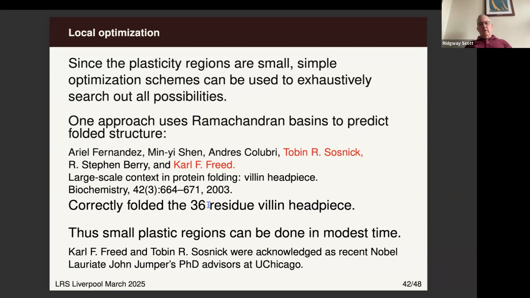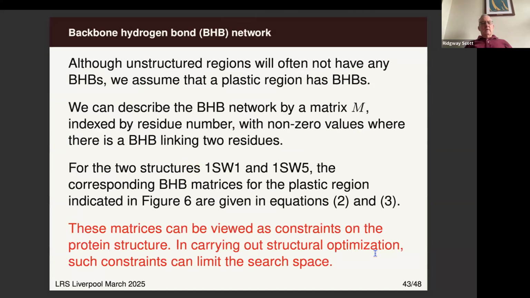Doing this sort of full-blown simulation of the structures is doable. And I point this out in part because Carl Freed and Tobin Sosnick were mentioned as John Jumper's advisors at UChicago. So we're very proud of all of this. And that's what we're proposing.